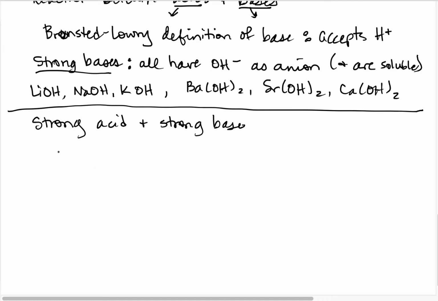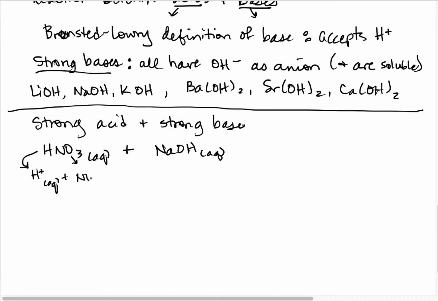So pick your favorite strong acid. I'm just going to use nitric acid, HNO3, which is soluble, and we'll go with sodium hydroxide, a really common strong base. So we know that both of these will dissolve in solution, and so we might want to start by talking actually about the total ionic equation already.